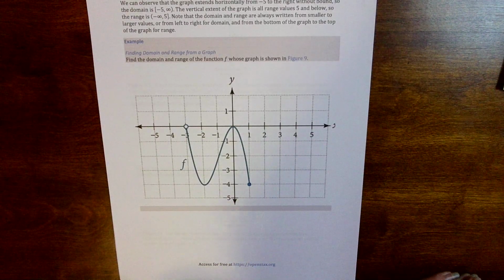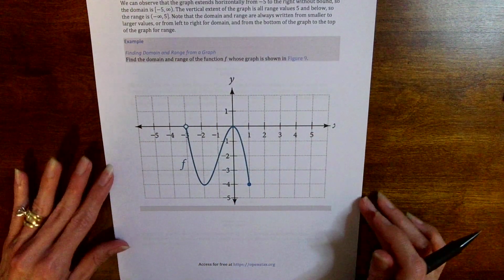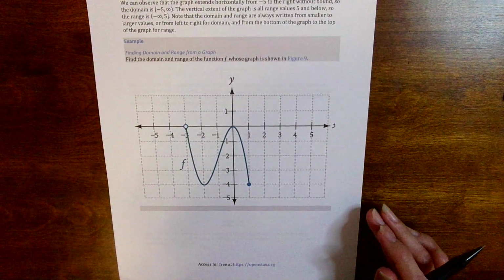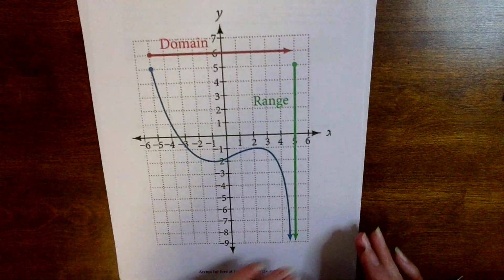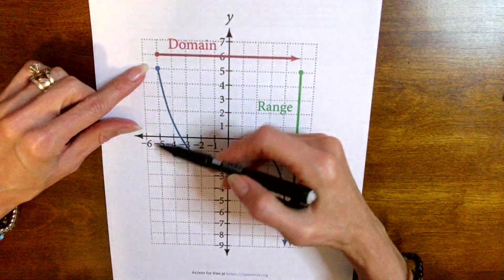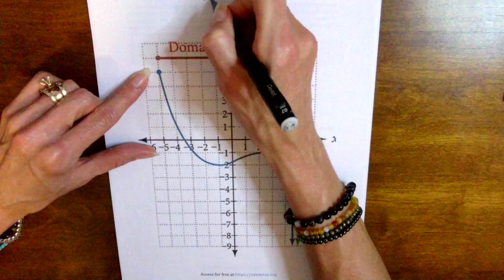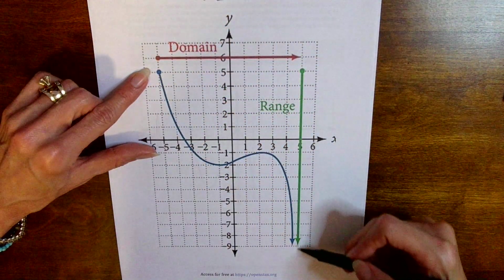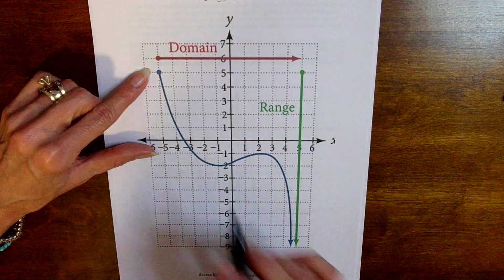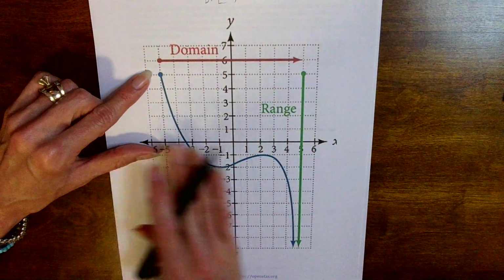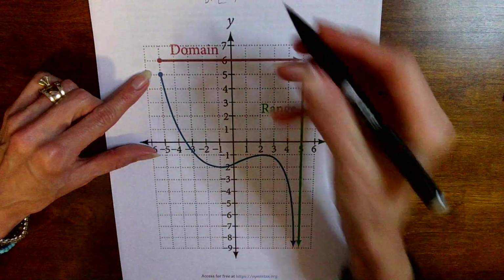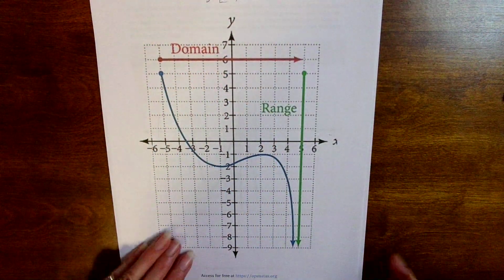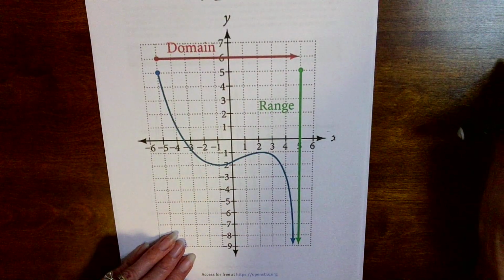Okay, so let's talk about what we can observe from here. The domain here goes from -5, and it's included, and it goes all the way, so it's going down, but it's the x value, so I imagine that it'll go slowly but forever to infinity.